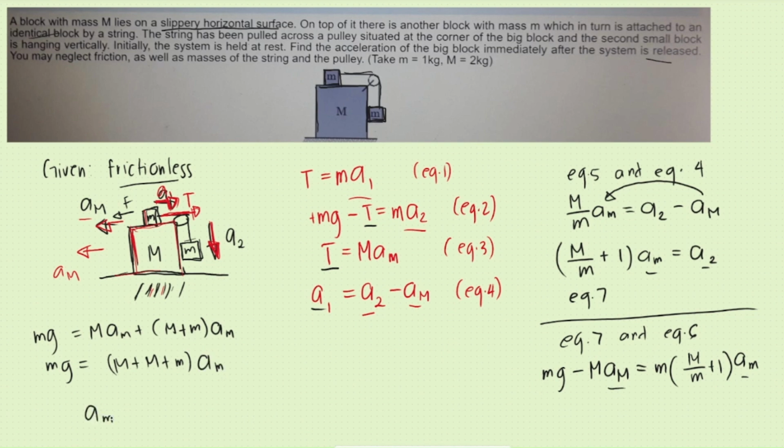So our A_M is actually mg over 2m plus M. So this is now the acceleration of our big block with mass M, which is directed towards the left. This is directed towards the left, and its magnitude is mg all over 2m plus M.